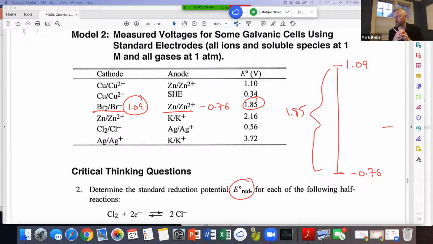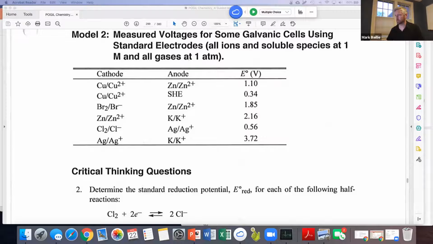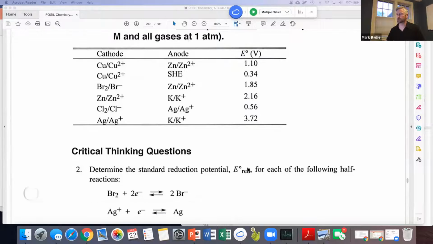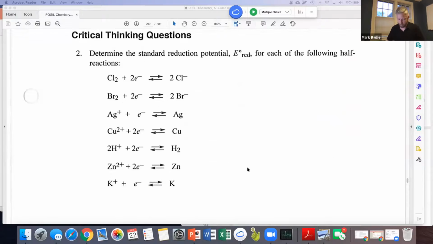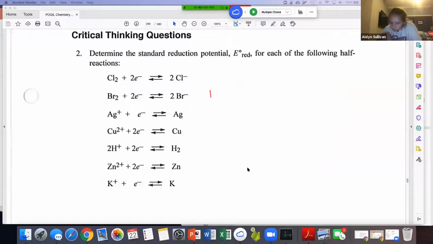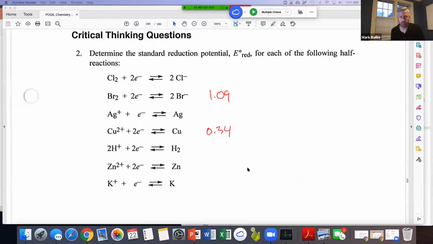So we could put two things together if we scroll down a tiny bit here. So we just said that bromine is 1.09. So if we look here, this is 1.09 reduction potential, but we know the copper is 0.34. We could pair these two together, make a galvanic cell.